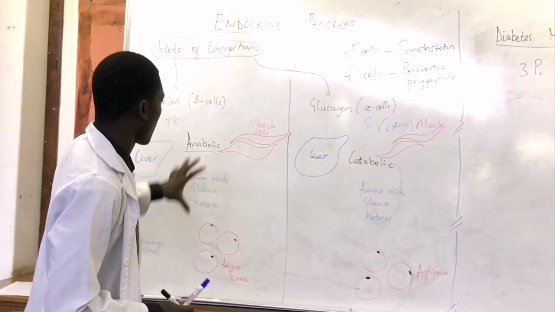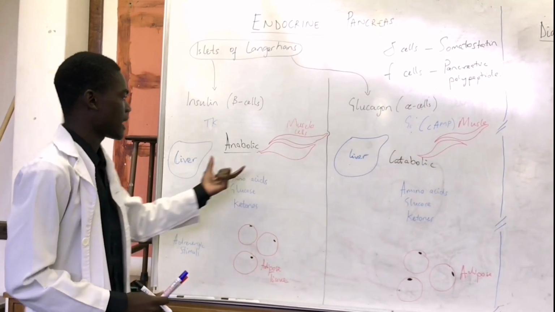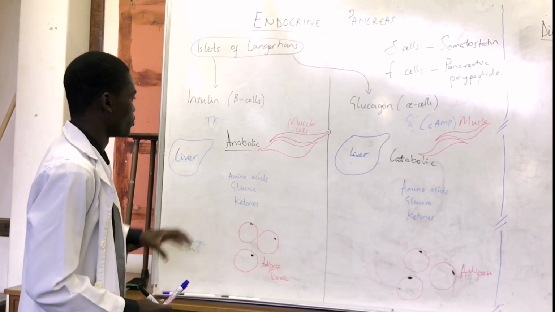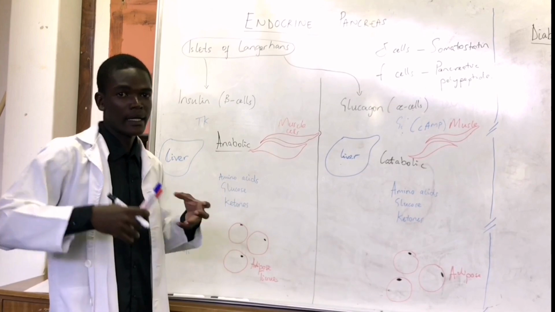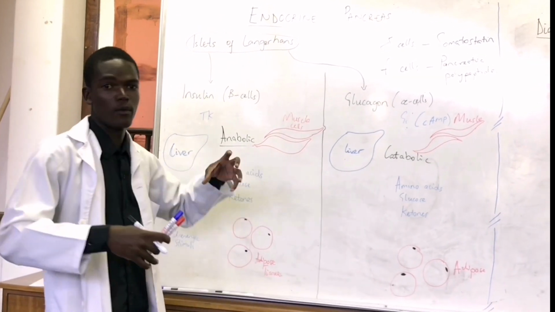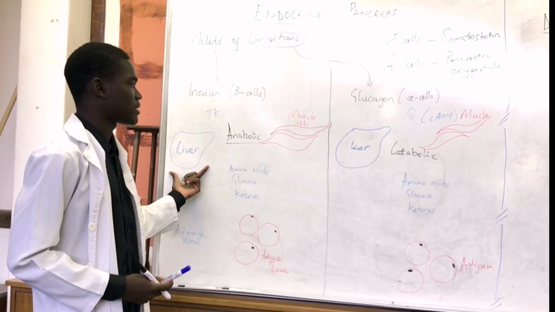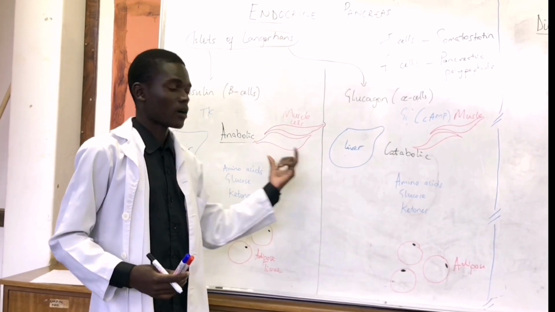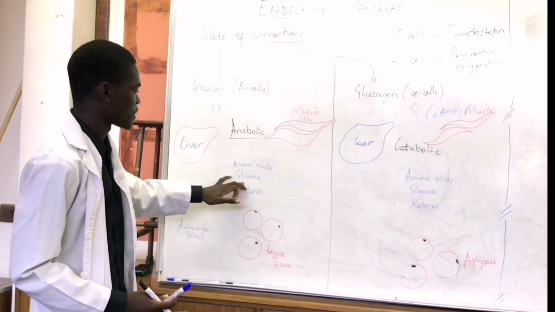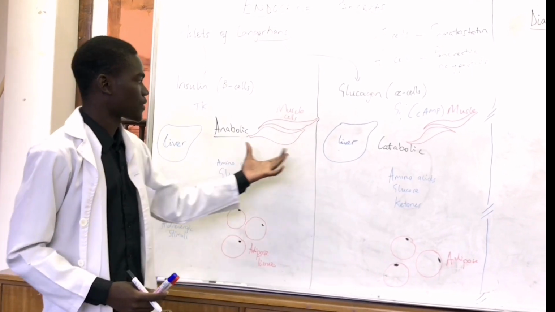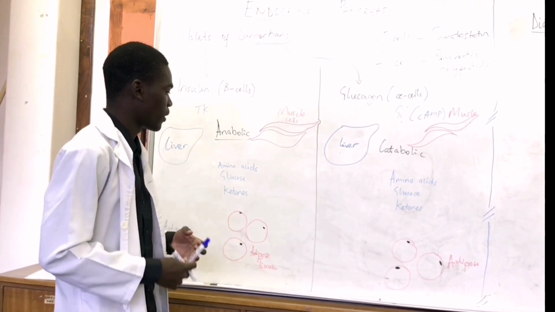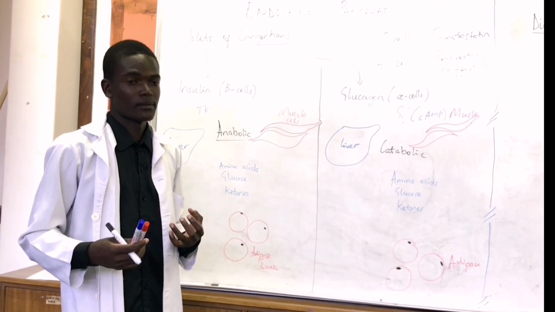So when we say insulin is anabolic, it means we are going to build up proteins by increasing the uptake of amino acids from the blood into the liver cells and the muscle cells. As for glucose, we increase uptake of glucose into the liver and the muscle cells. How? By storing it as glycogen.